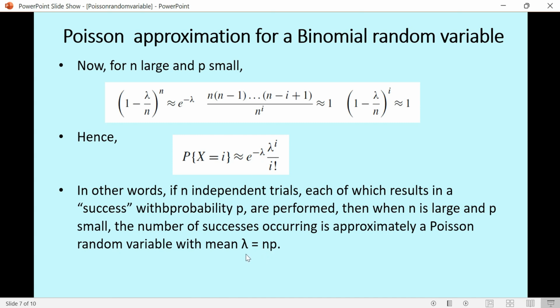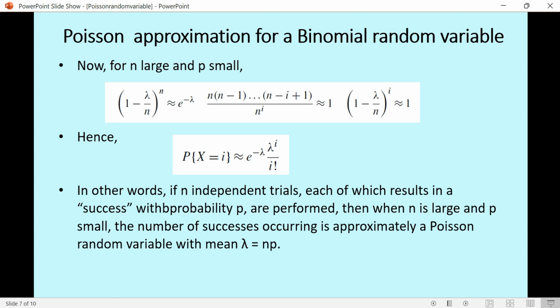Lambda in a Poisson random variable means the average number of occurrences in a predefined time interval, for example 1 hour. For example, in 1 hour there is approximately an average of one telephone call coming into the call center.